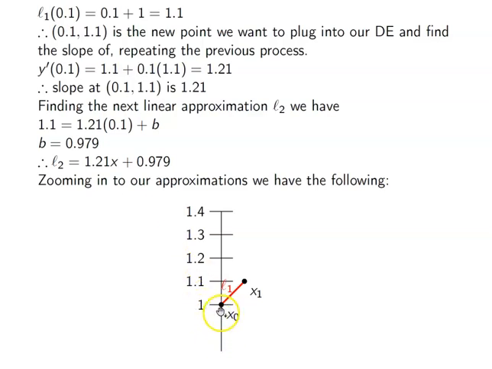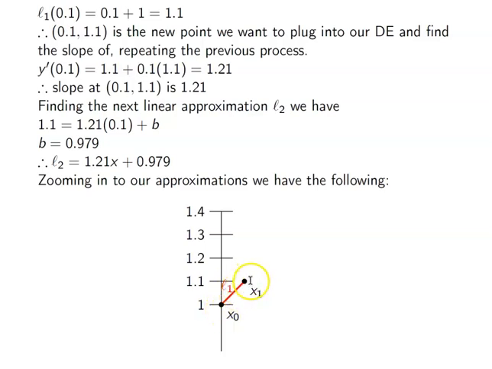So if we zoom in a little bit so that we can see what's happening here, this was my initial condition, (0, 1). I had a tangent line at that point, and I followed that to 0.1 for x, and I found another point. So when I went over by 0.1, I plugged that value into my tangent line.